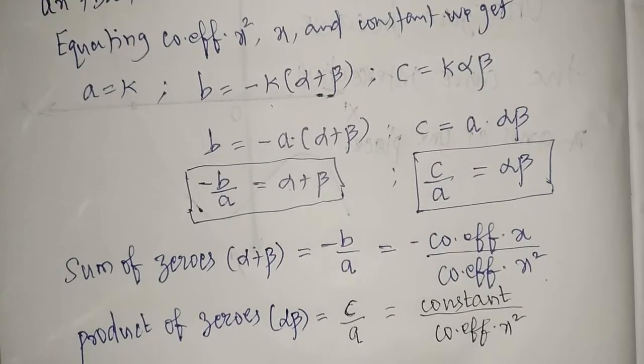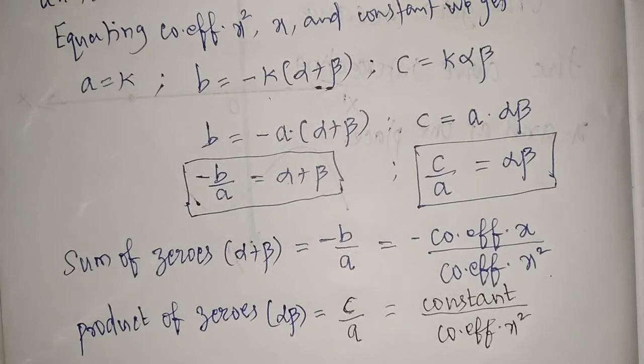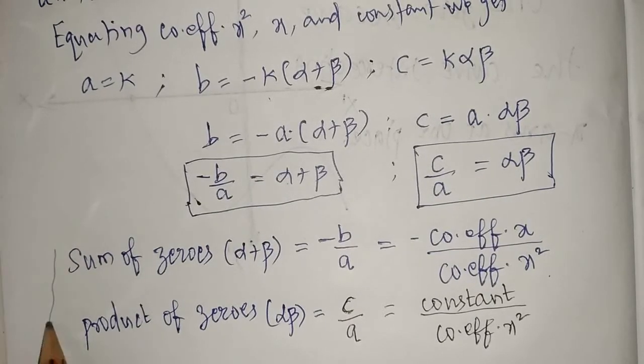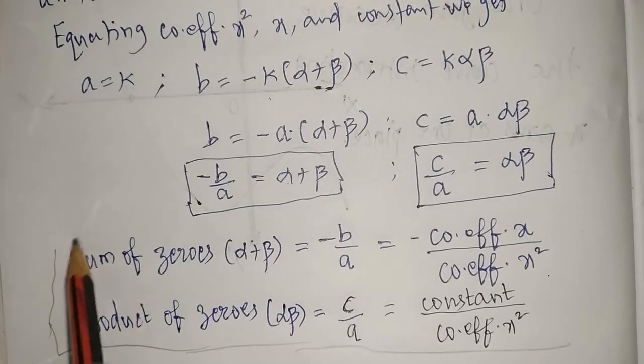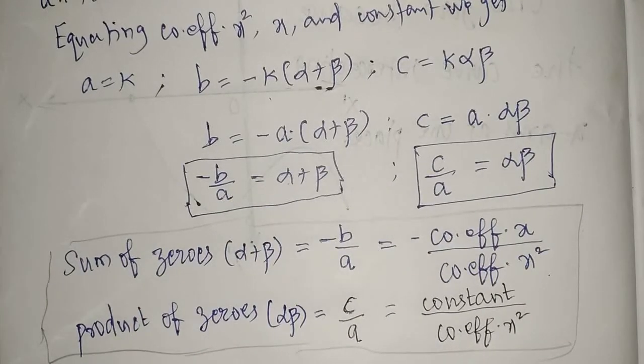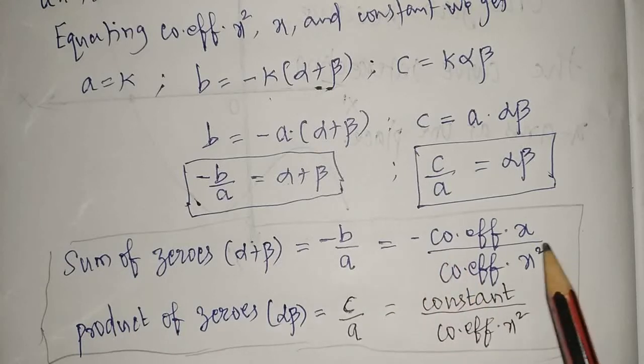I hope you understand this formula. This is a very important formula, which I am putting in a box. Sum of zeros equals minus coefficient of x divided by coefficient of x square. Product of zeros equals constant divided by coefficient of x square. Please remember this.